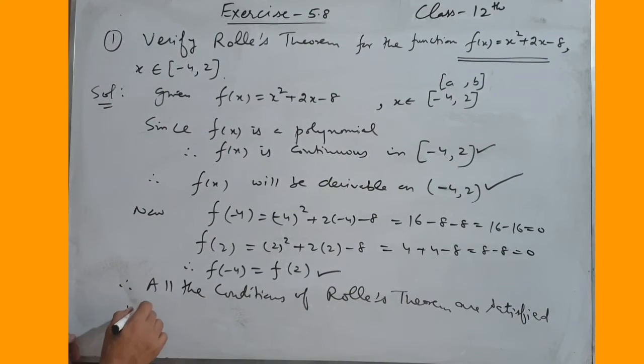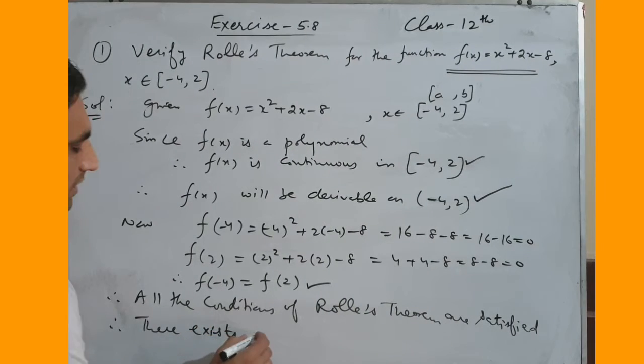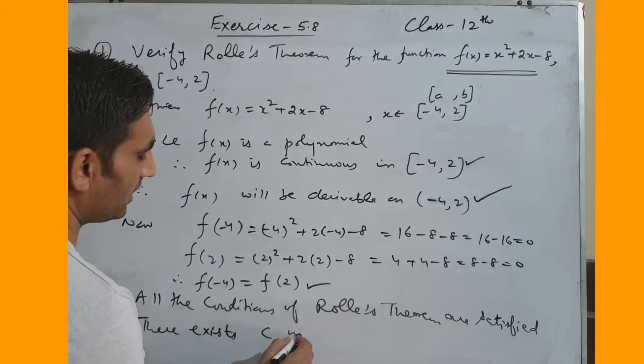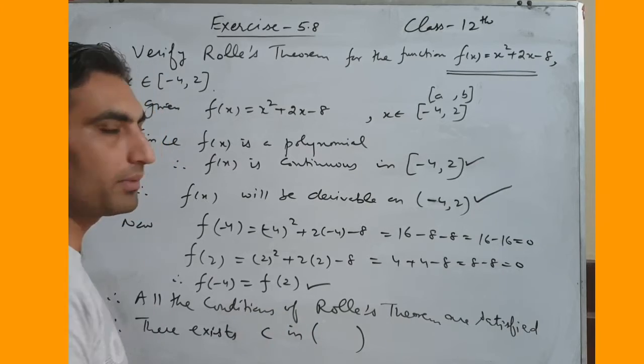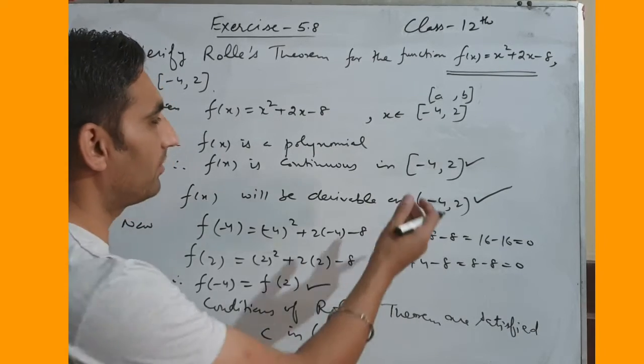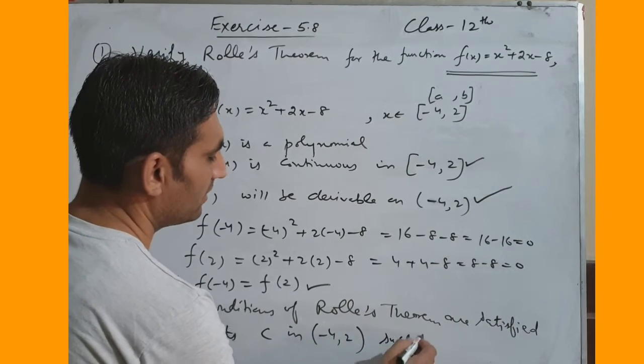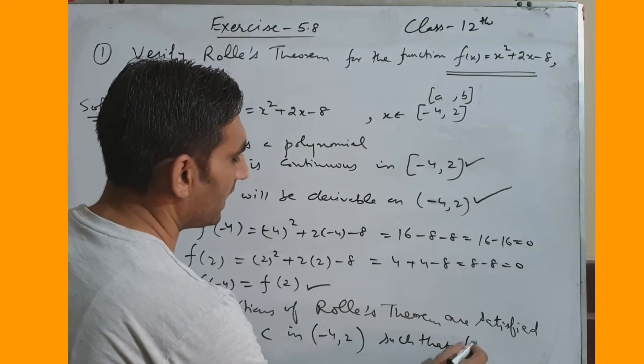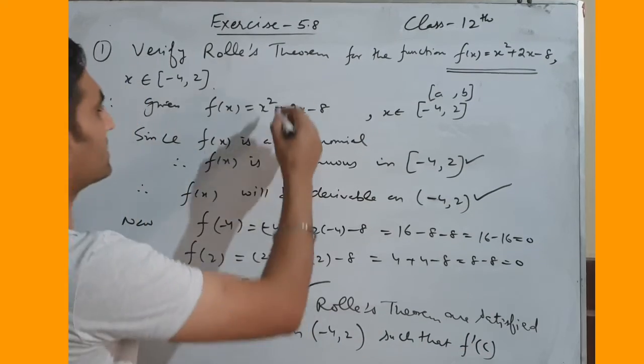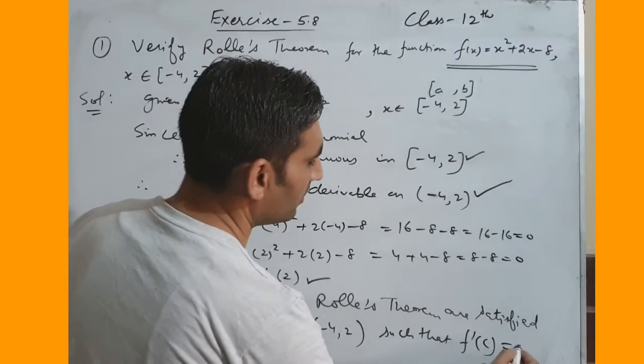Therefore, there exists c in the open interval. Which open interval? In the definition you marked (a, b), but now you have (-4, 2), such that the derivative at this c of this given function will be equal to 0.